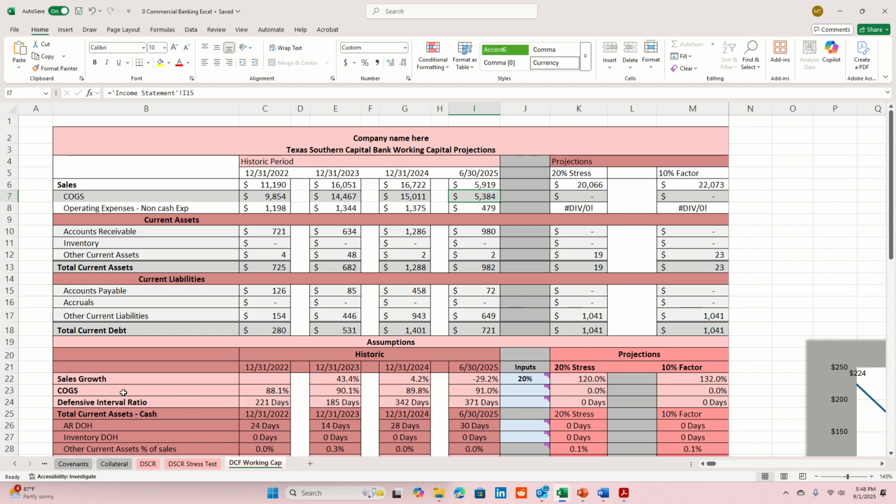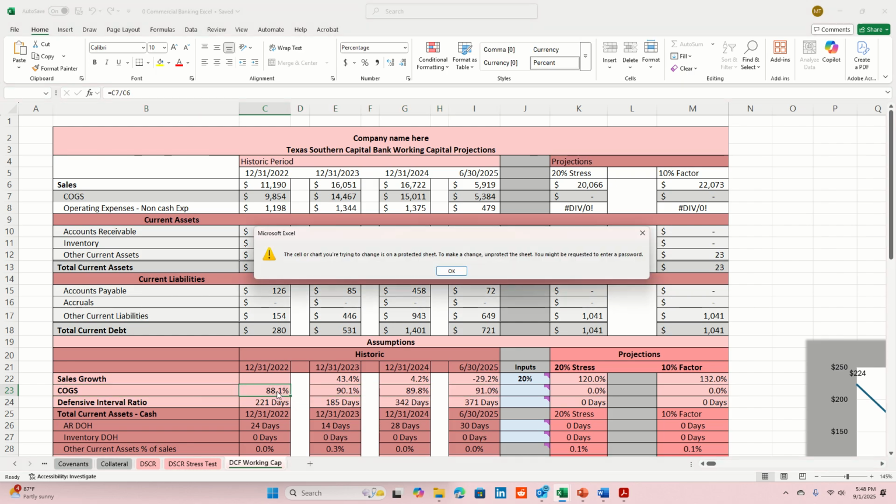And down here in row 23, we calculate what percentage of cost of goods sold make up sales. And that's a simple equation.